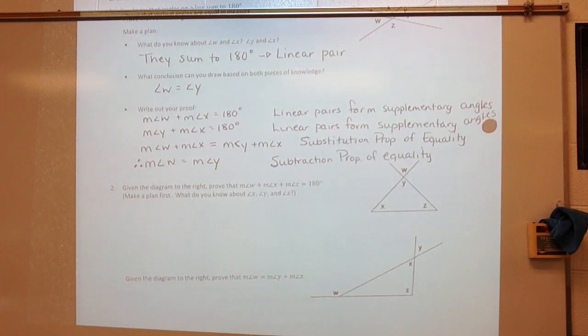All right, number 2. Given the diagram to the right, prove that the measure of angle W plus the measure of angle X plus the measure of angle Z is equal to 180 degrees. Make a plan first. What do you know about the angle X, angle Y, and angle Z? Okay, so the first thing I know, it gives me a hint. What do you know about angle X, angle Y, and angle Z?